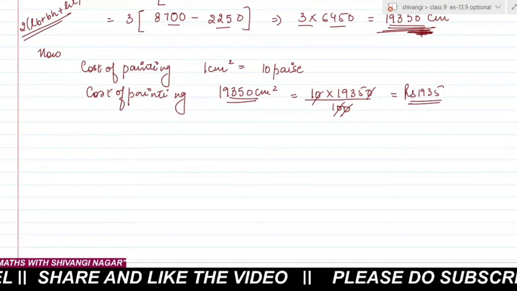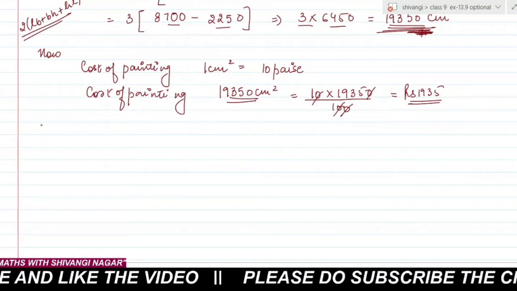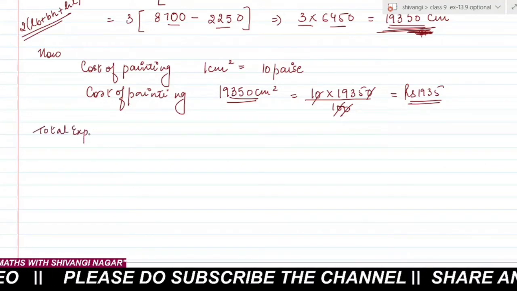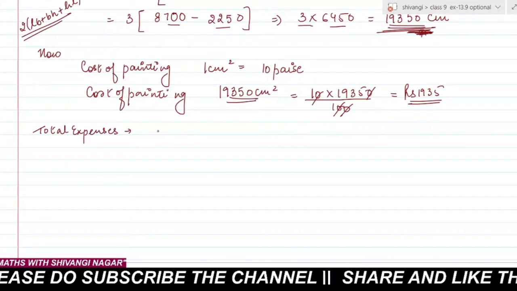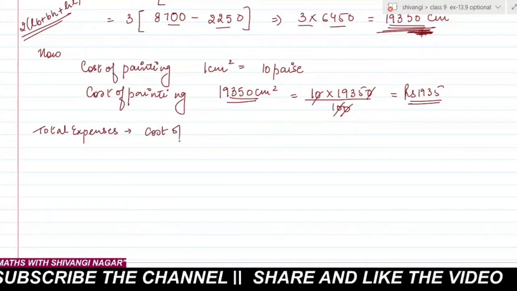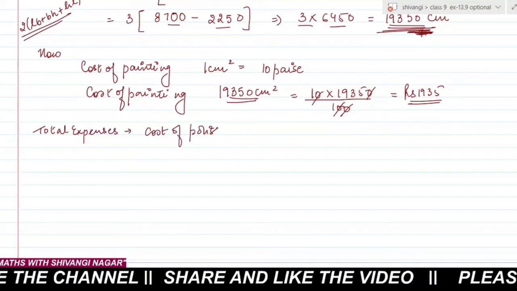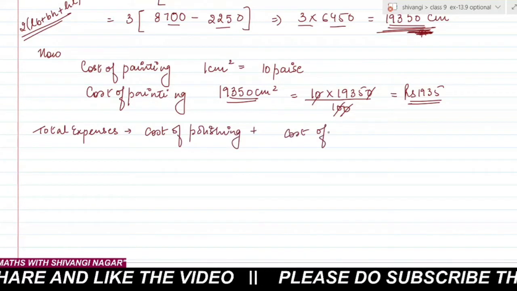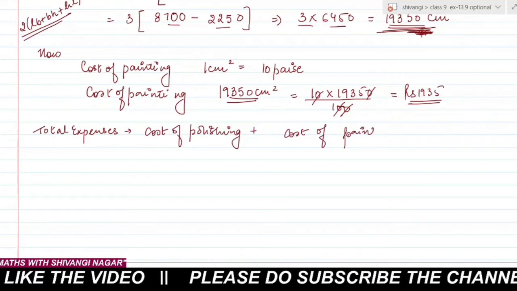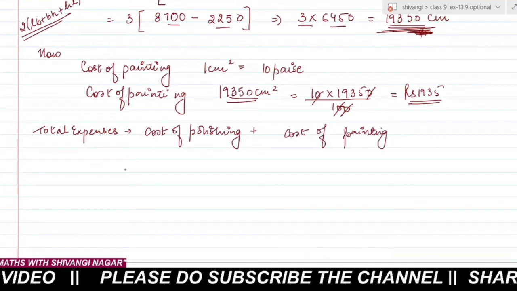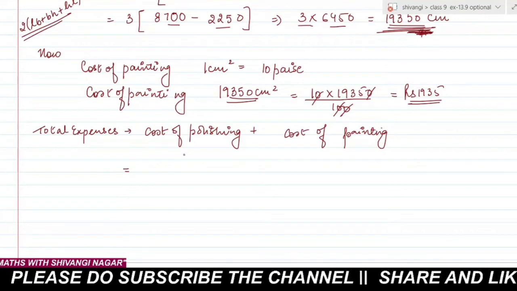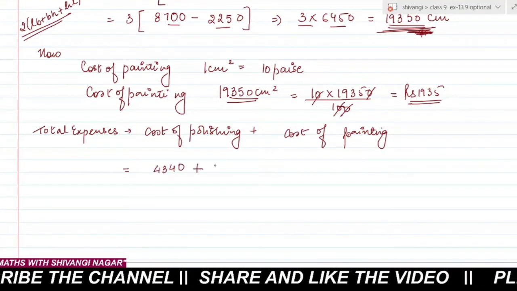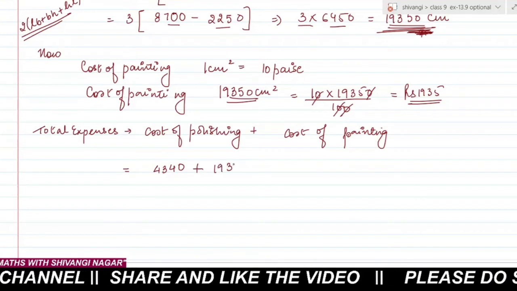So now we have calculated both the costs. So what is the total expense we have here? Can I say the total expenses are cost of polishing plus cost of painting, and the cost of polishing that we have found out is what? 4340, and the cost of painting is what? 1935.